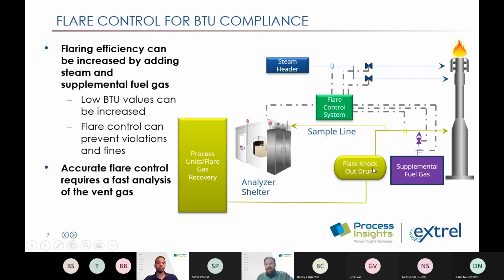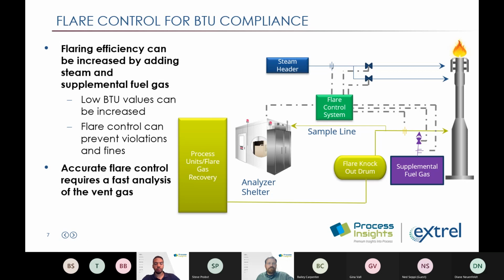Usually there's a knockout drum right in front of the flare. And your gas analyzers, everything I mentioned is an extractive technique, so they're going to be taking a small amount of gas out of that line, either before the drum, or I think most of the sites I've seen take it after the knockout drum.